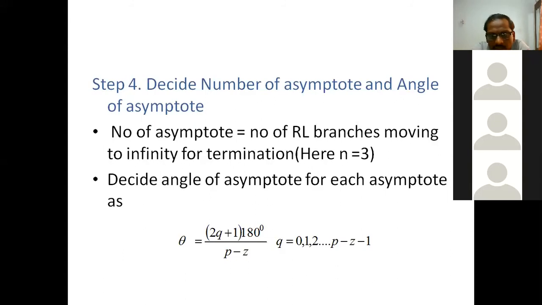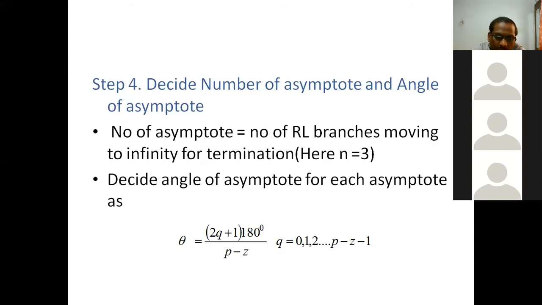Now the root locus branches moving to infinity need some guidelines, in what direction they should approach infinity. That is nothing but these asymptote lines. The asymptotes are the straight lines that you draw from a particular point on the real axis called the centroid.